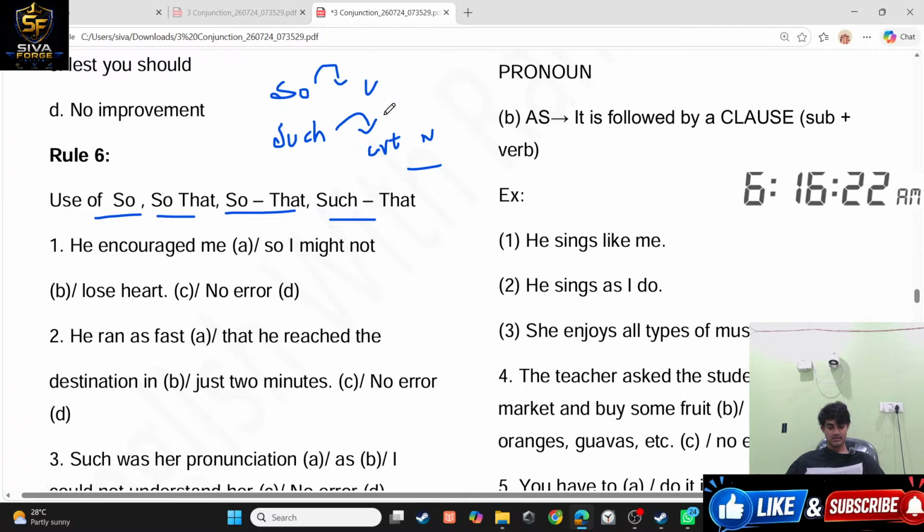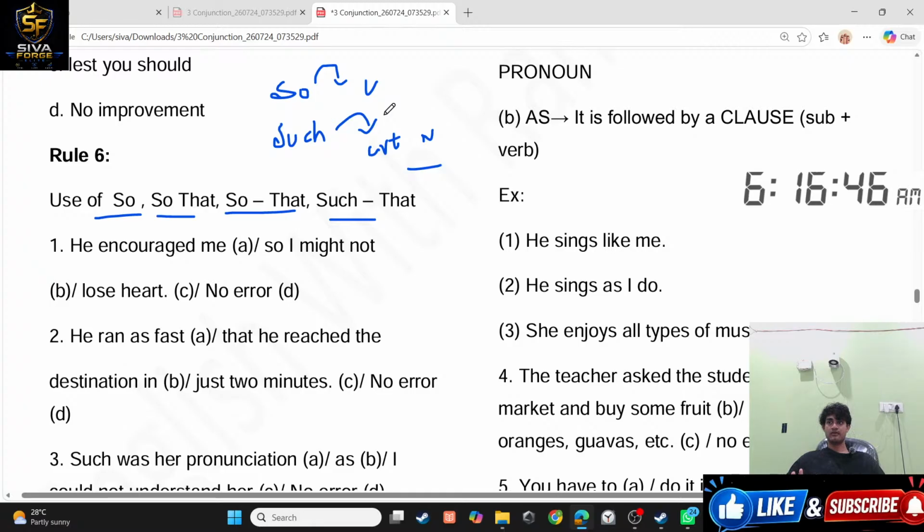This is so grave a sin. This is right. This is so grave a sin. See, after so, there should be an adverb. But after such, there should be an article and a noun.